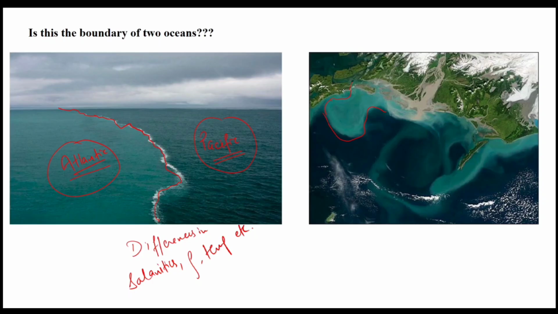Because this plume contains its own physical properties, its own sediment, salinity, or turbidity, and the ocean, which is of a darker color, has its own unique properties.